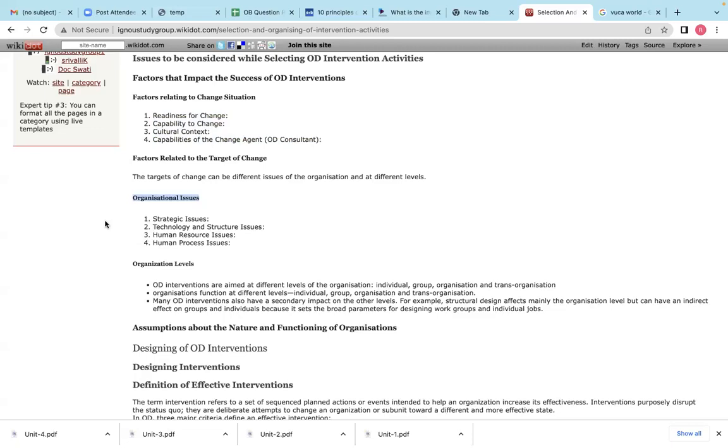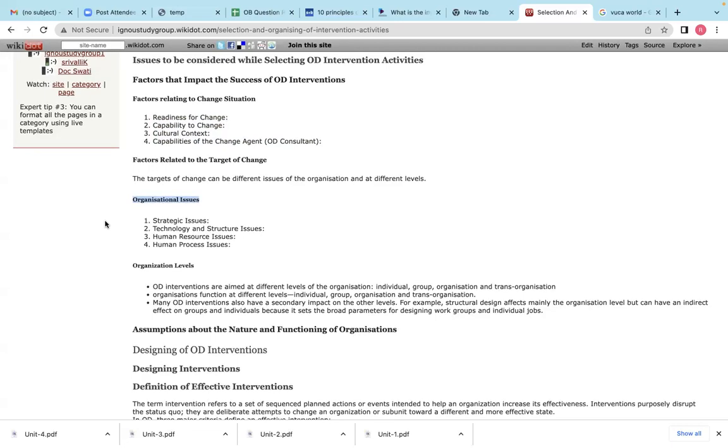Is it a human resource issue? Is it a process issue? Remember, these four are repeated multiple ways. These pointers are going to be helpful because for all the questions, these are the 4 pointers. So organizational issues are of 4 types: strategic issue, technology or structural issue, human resource issue, and human process related issue.